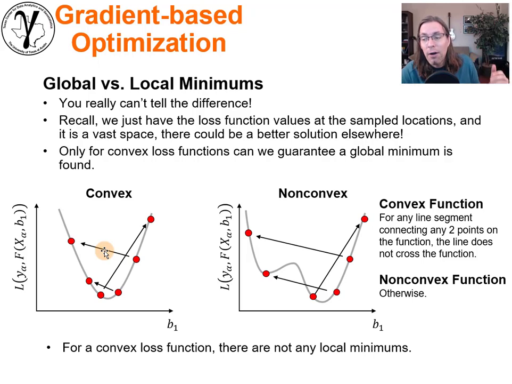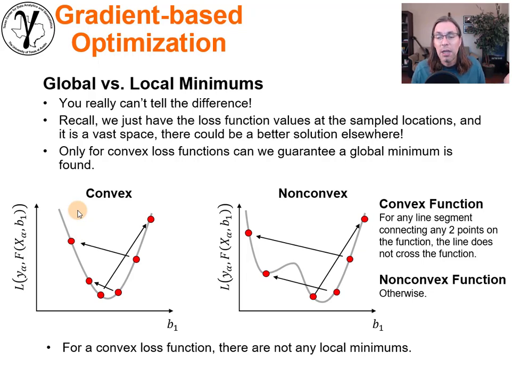A non-convex function is not a convex function. In other words, we have segments that cross the function when we connect any random two points. Now, if you think about it, it does feel like kind of cheating, kind of trivial, because we can immediately recognize that in the case of a convex function, you don't have local minimums.